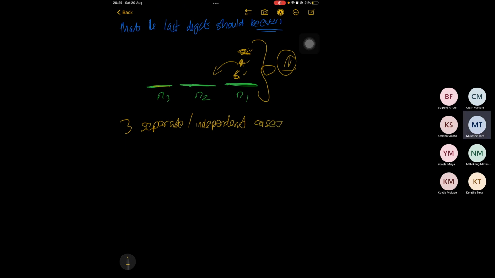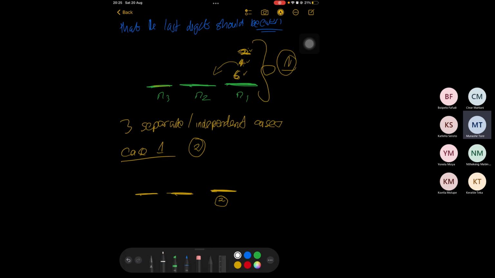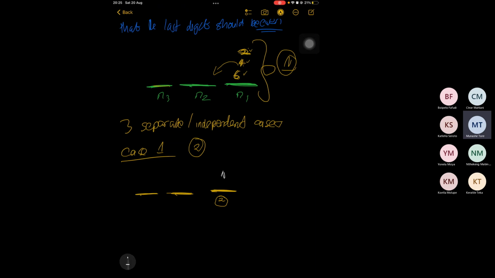So if you treat it as 3 independent cases, you say case 1. Let's assume the last digit is 2, isn't it? So you have N3, N2, and N1. If 2 is your last digit, it means that this position can only be occupied by one number.